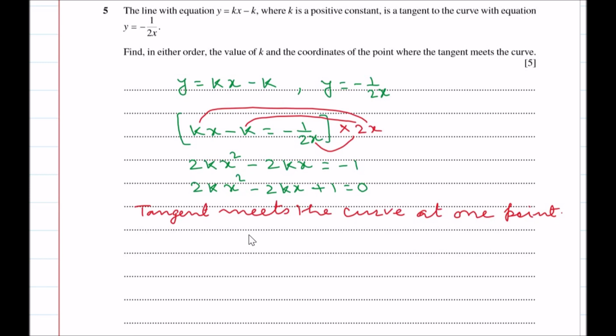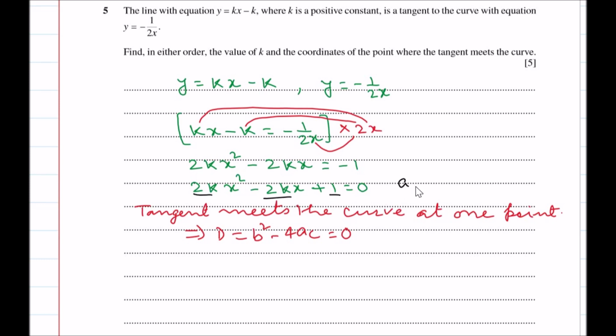So this implies that D, the discriminant, b square minus 4ac equal to 0. Now what we need here? Value of a, b, c. So value of a, b, c we can write from here: 2k, minus 2k and 1.